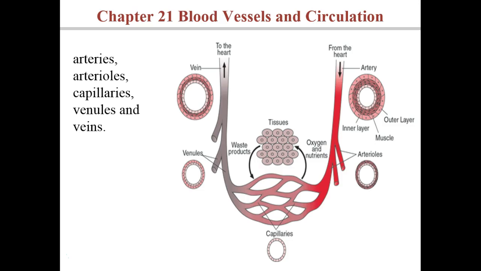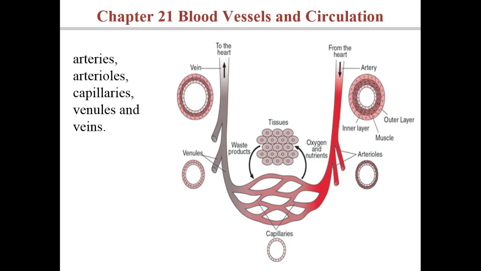Capillaries are the smallest blood vessels, and capillaries are specifically the location between blood and interstitial fluid, the gas exchange area. Venules collect blood from the capillaries, and veins return blood to the heart.